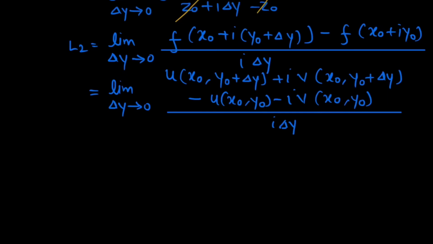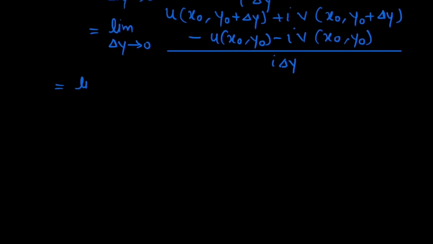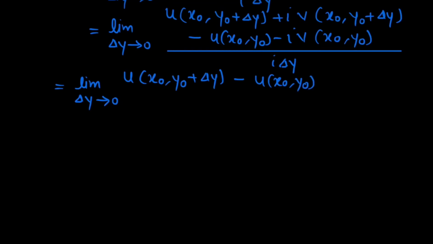Okay, now separate u and v terms. Okay, so we have limit delta y tending towards 0, u of x naught comma y naught plus delta y minus u of x naught comma y naught, and in the denominator we have iota delta y.